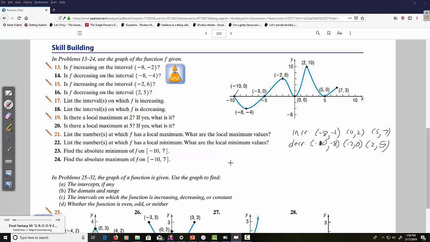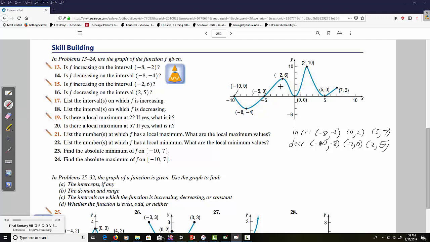Local maximum. There is actually a definition for this in the book. You might want to look at it. But briefly, a local maximum is a crest that is the highest point in an open interval. So if you look at this point, it's the highest point in the open interval around.